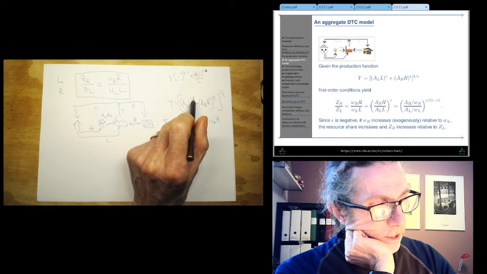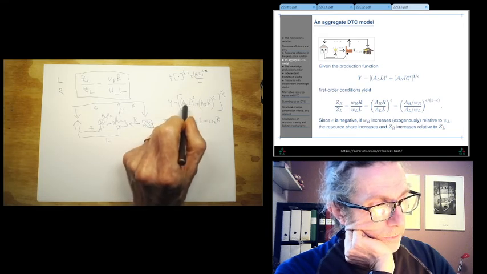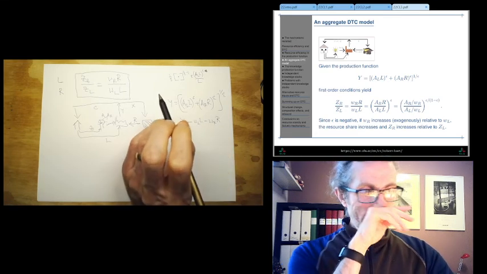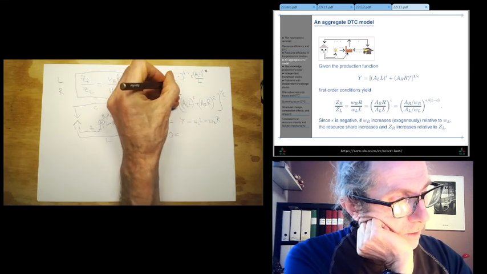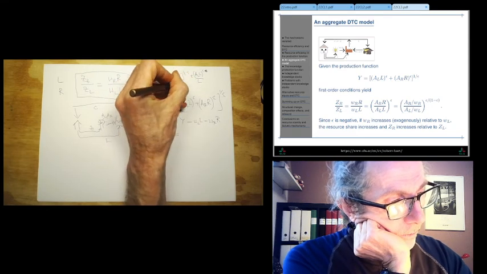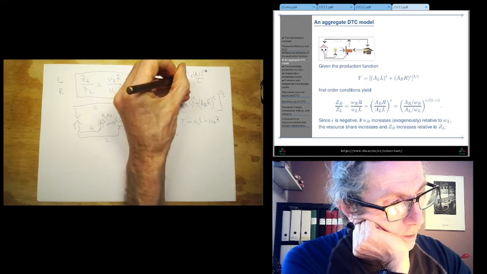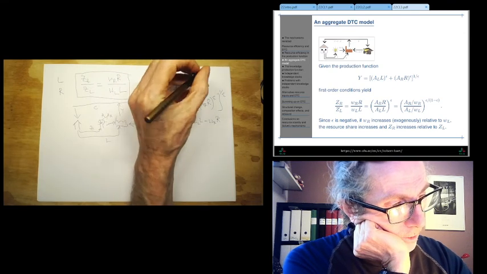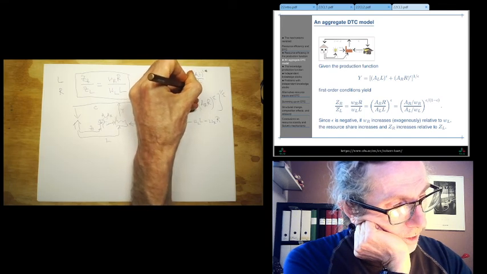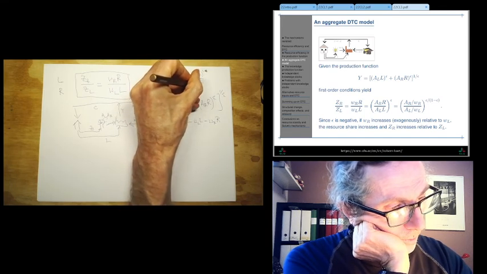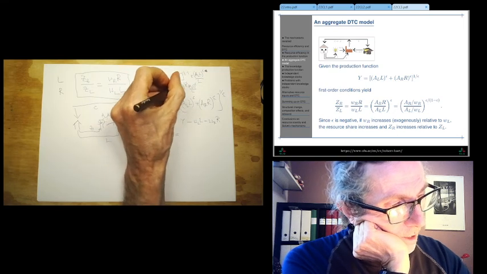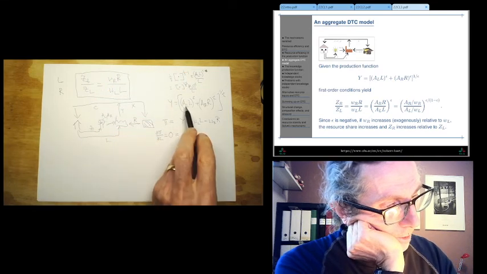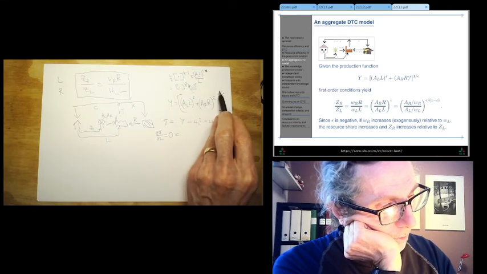So if we focus on the L to the ε, it's ε times (A_L L)^ε over L. But these two cancel out, and then we have this 1 over ε minus 1, which is the same as (1 minus ε) over ε. And then we've got (A_L L)^ε over L. But that square bracket thing to the (1 minus ε) over ε is Y to the 1 minus ε.